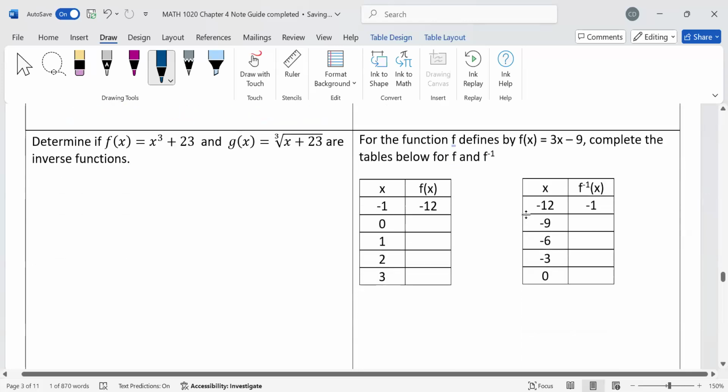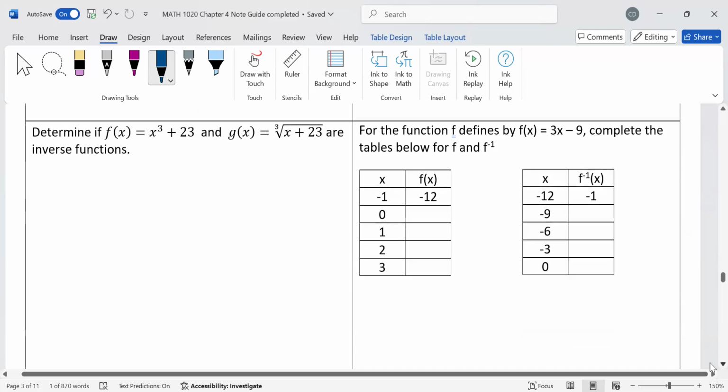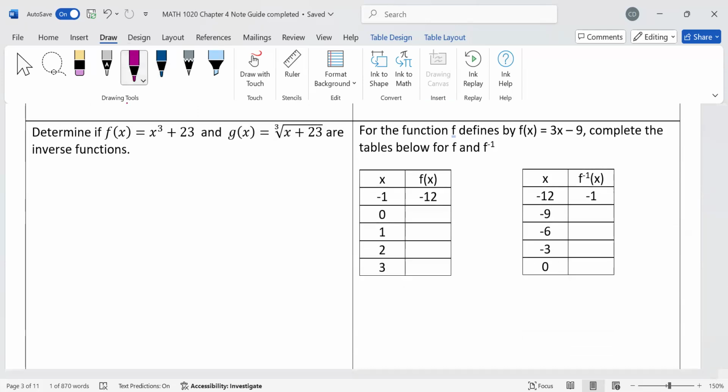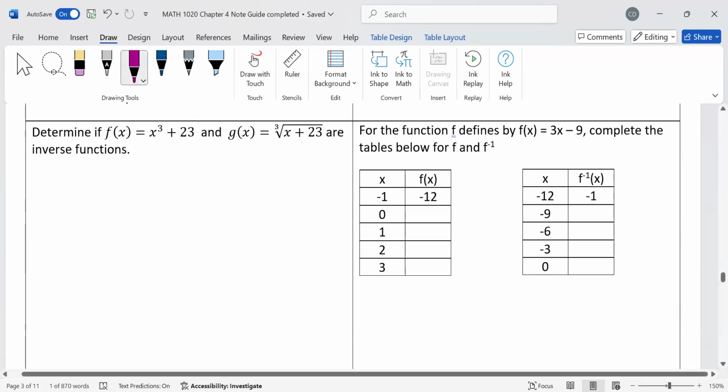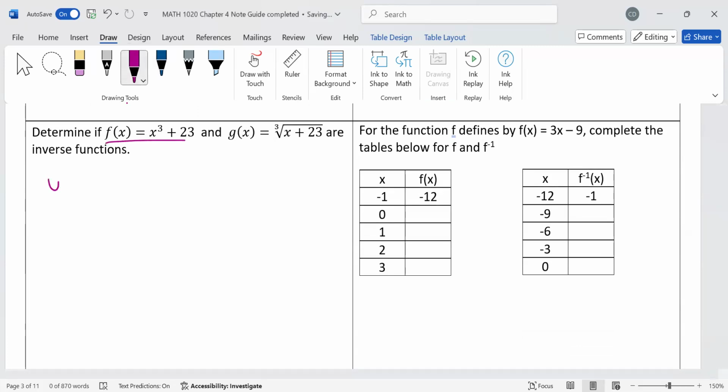All right, so let's look at this. We need to determine if f of x and g of x are inverses. There's a way to do it algebraically, but I'm just going to go ahead and show you how to find the inverse. So we're going to take f of x, and f of x is just another way to write y.